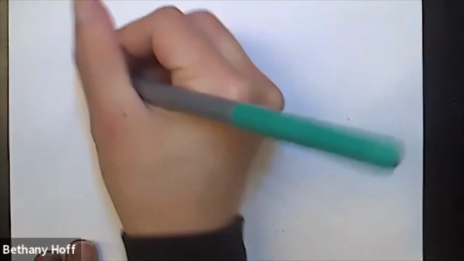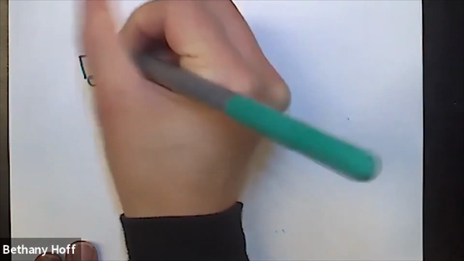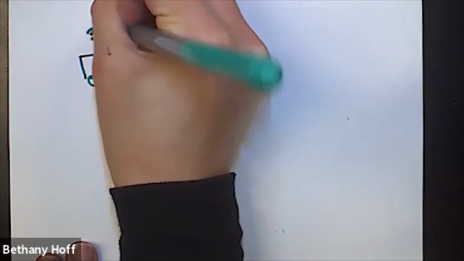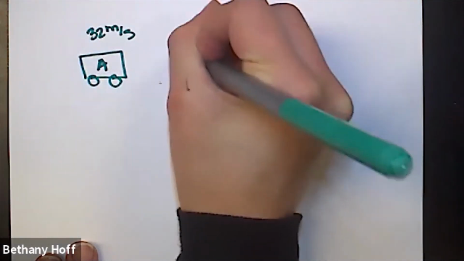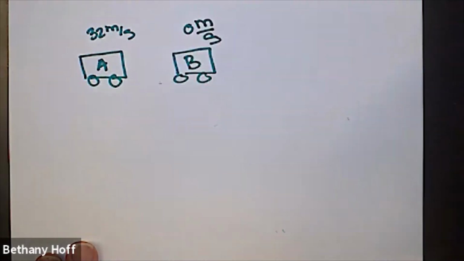All right, so let's go ahead and think about the problem with the train cars. We have two train cars. We have A, and it has a velocity of 32 meters per second. And we have train car B, and it currently has a velocity of 0 meters per second.